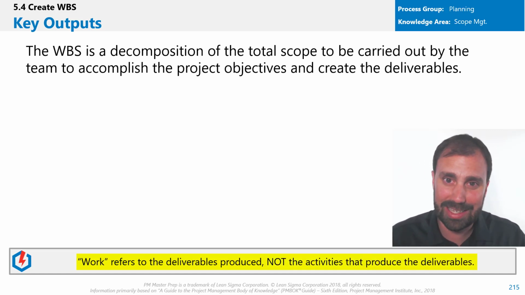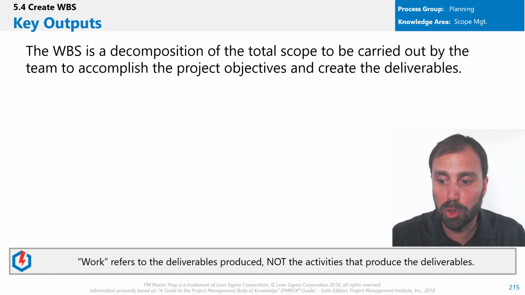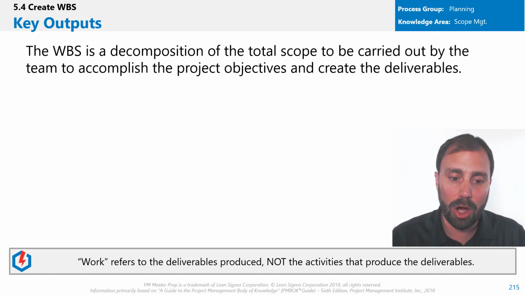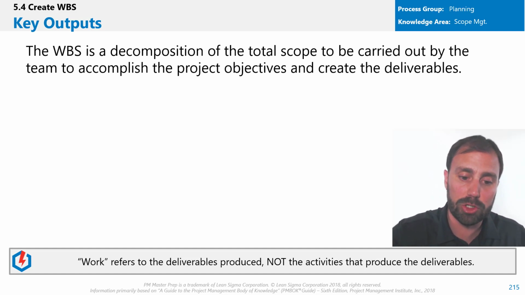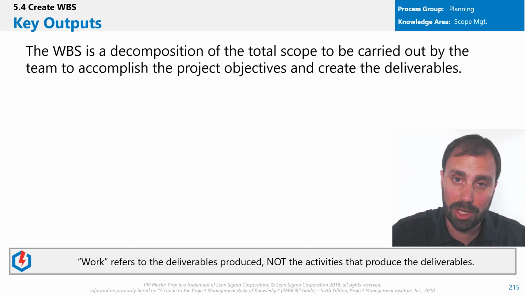When I first learned that, it didn't really make sense. I thought work is work, right? Dig a hole, the actual act of doing it to produce the deliverables. No, it's the deliverables. Work refers to the deliverables produced. That's the different terminology, the vernacular in this world.